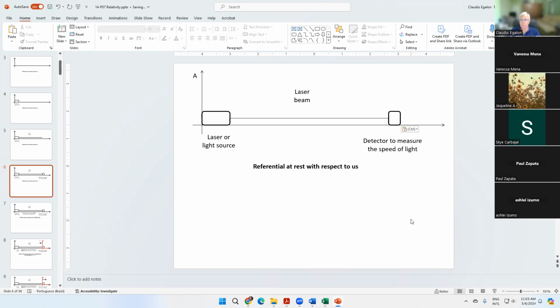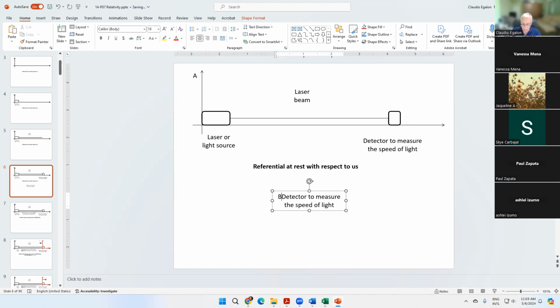Both this detector and the laser are at rest with respect to referential A, which is at rest with respect to us.